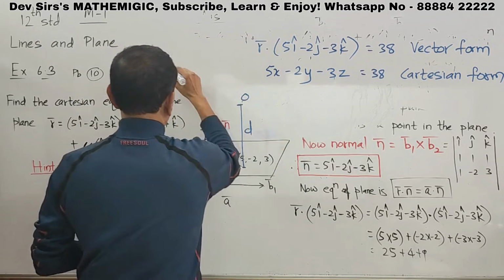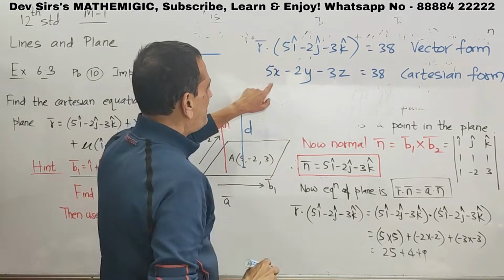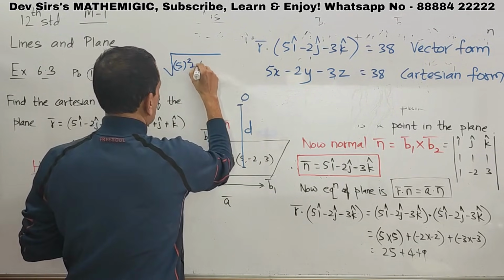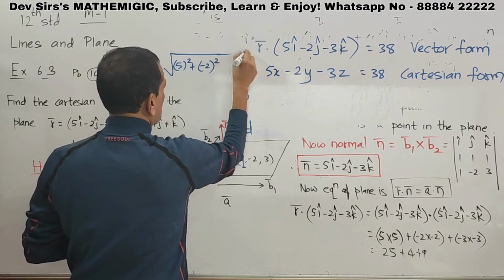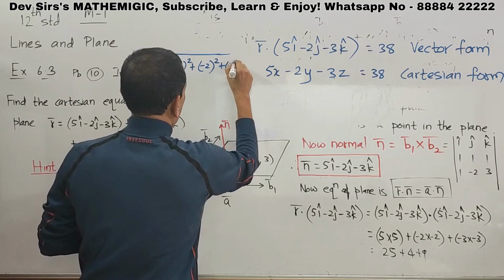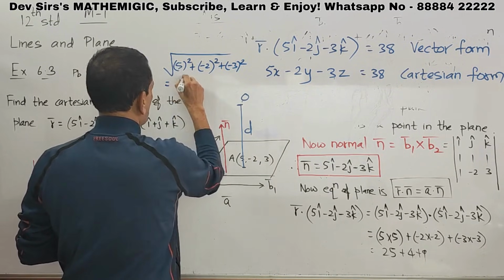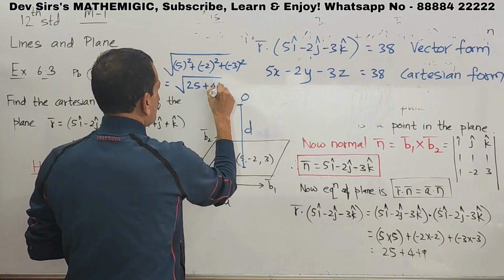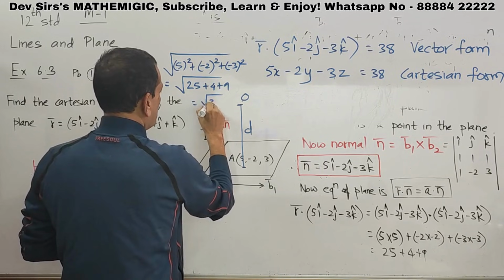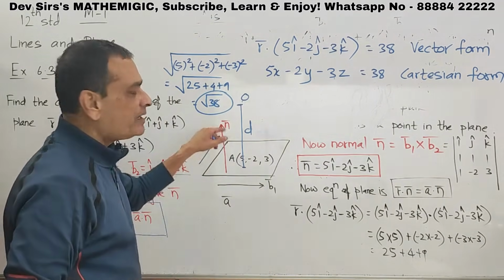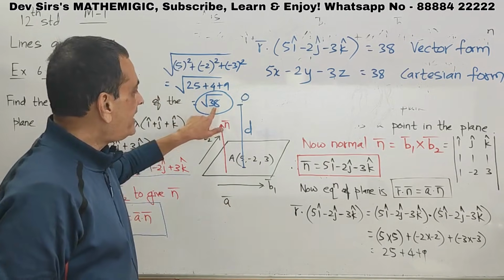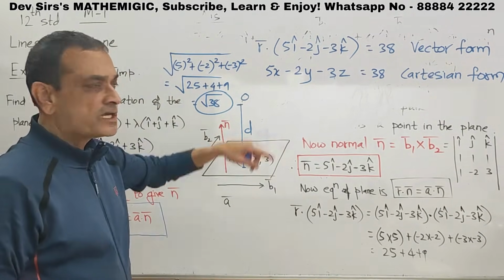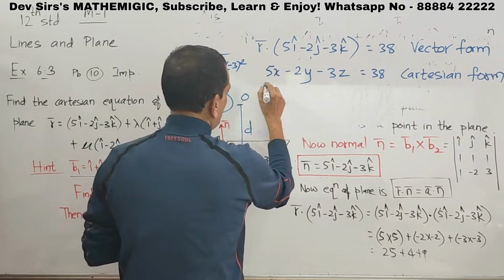First find this. 5 squared plus minus 2 squared plus minus 3 squared. वही मिल रहा है अपने को 25 plus 4 plus 9, root 38. Now whatever number we get, you have to divide this equation by that number. So what do I get?